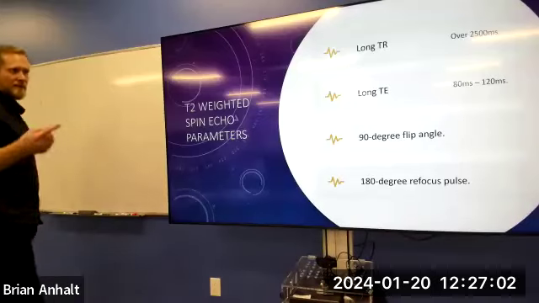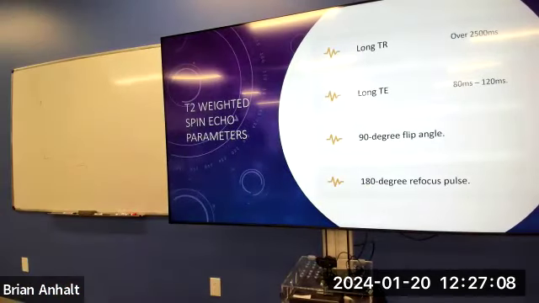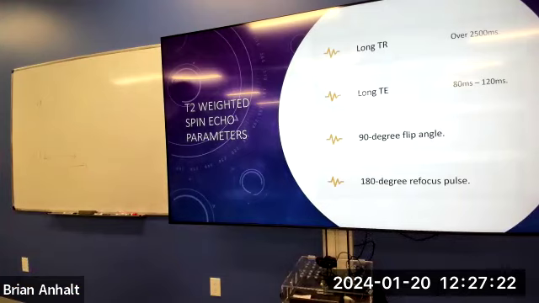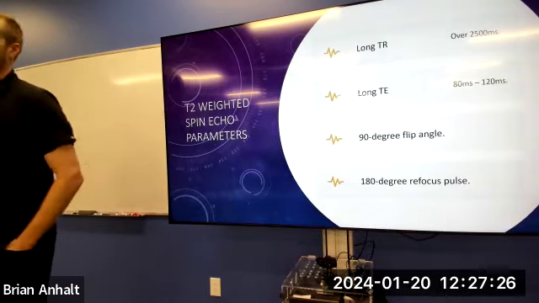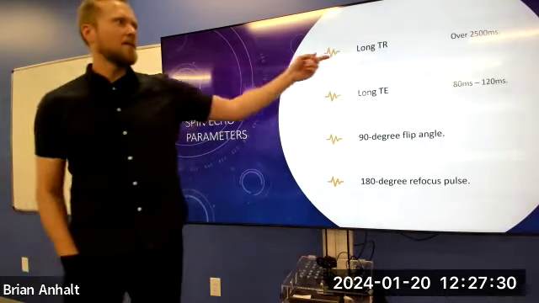And then once again, it's a spin echo sequence, so 90-degree RF excitation and 180-degree refocusing pulse. Based on what we know now, can anyone guess what the TR and TE of a proton density weighted spin echo looks like? We want to eliminate T1 information, right? And how do we do that?